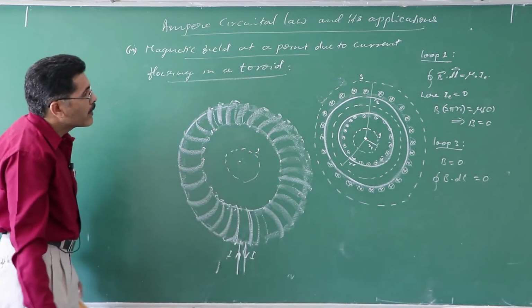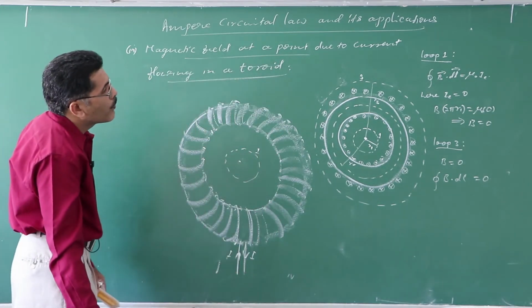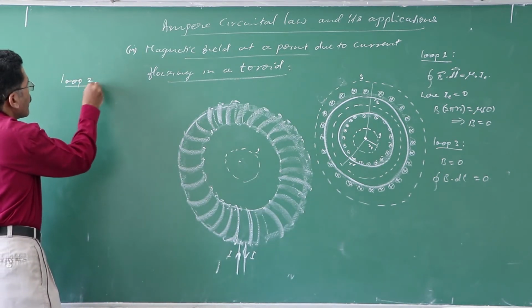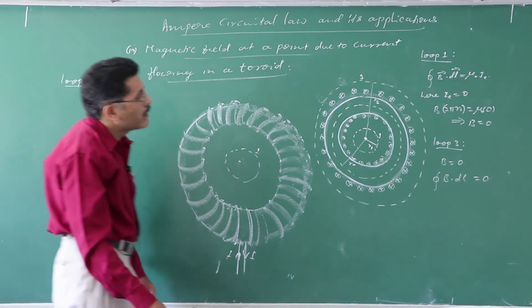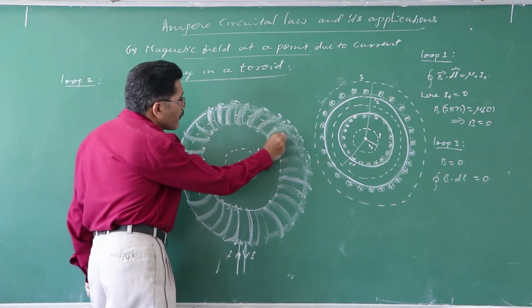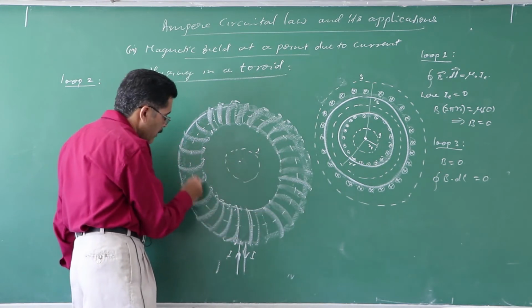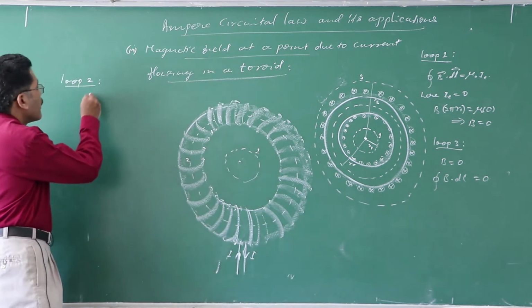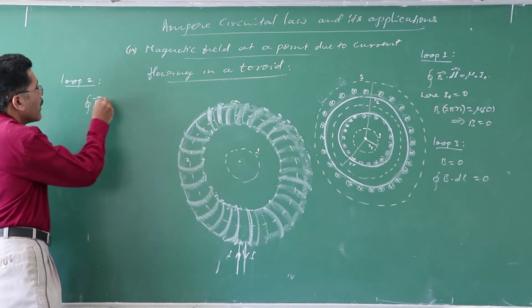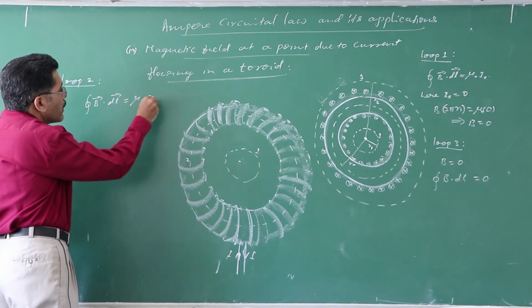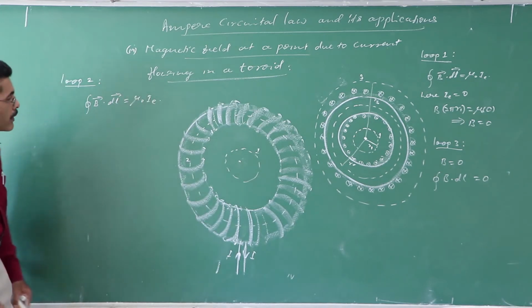Suppose you take loop 2. Loop 2 is inside the toroid. Therefore B dot dl is equal to mu naught into I_E.